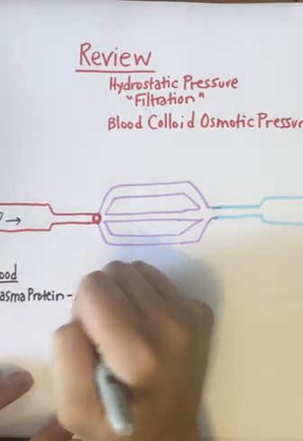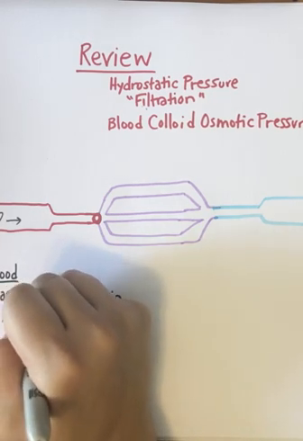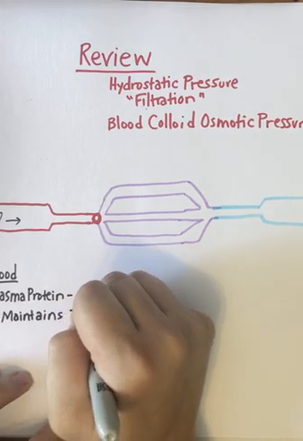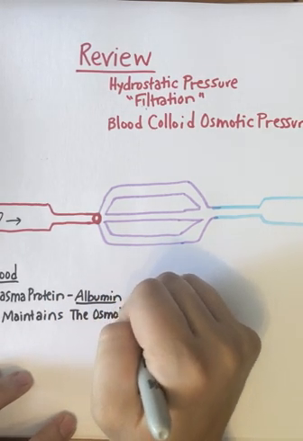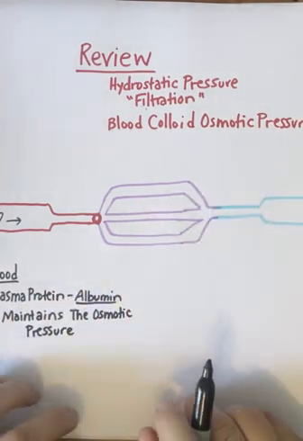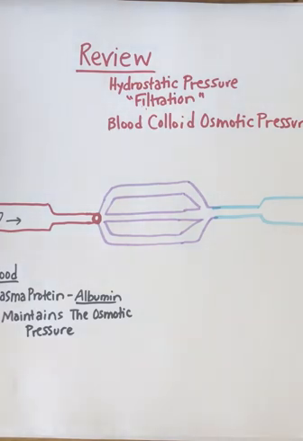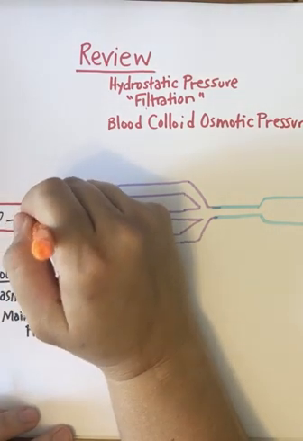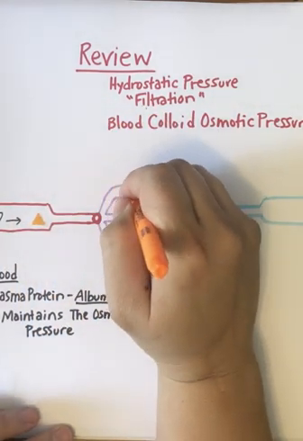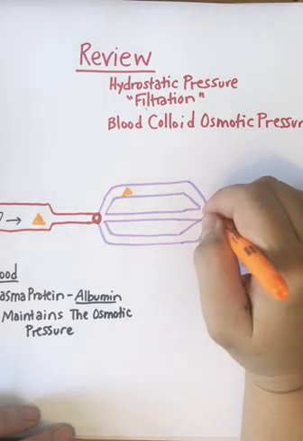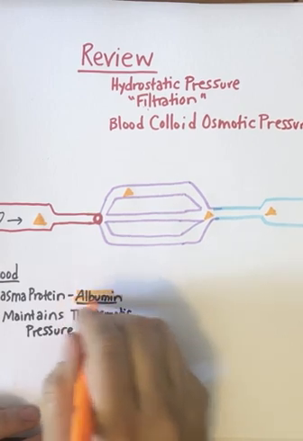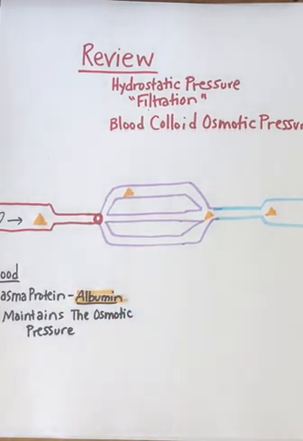Albumin is the plasma protein that is going to maintain the osmotic pressure inside of your blood vessels. So we have albumin. Remember, albumin is going to be a plasma protein. It is too large to exit the capillary bed, so it is going to stay within your blood vessels. So that is going to represent albumin, which is going to maintain the osmotic pressure.